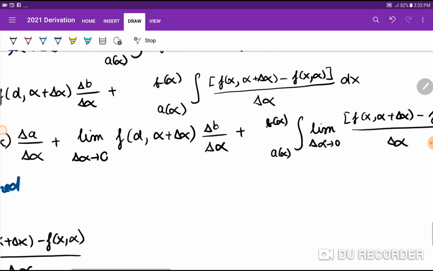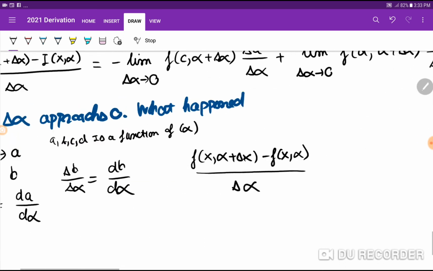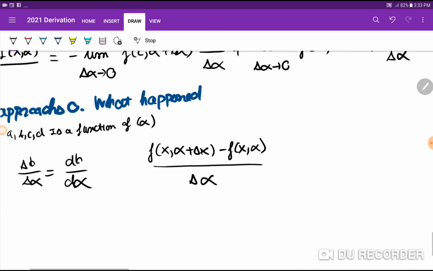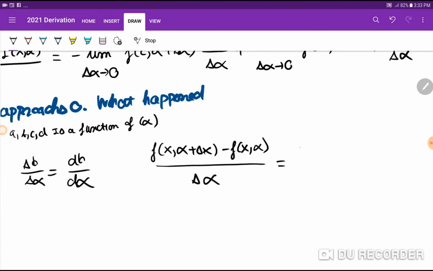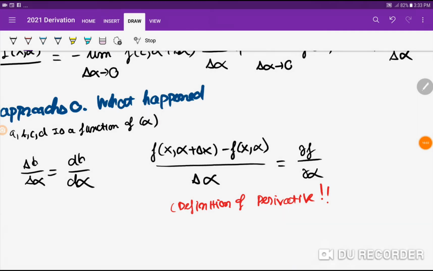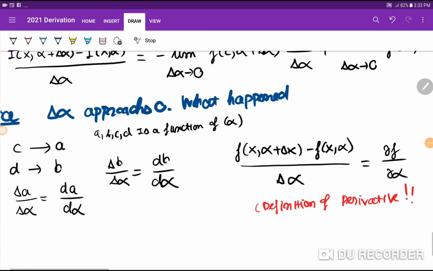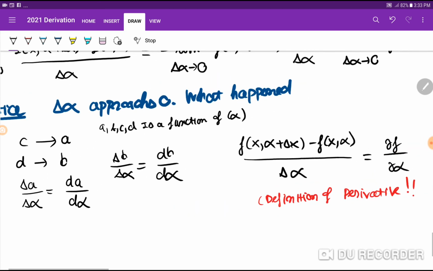What happens when delta alpha approaches 0? Well, my friend, this becomes the derivative, because this is the definition of the derivative.